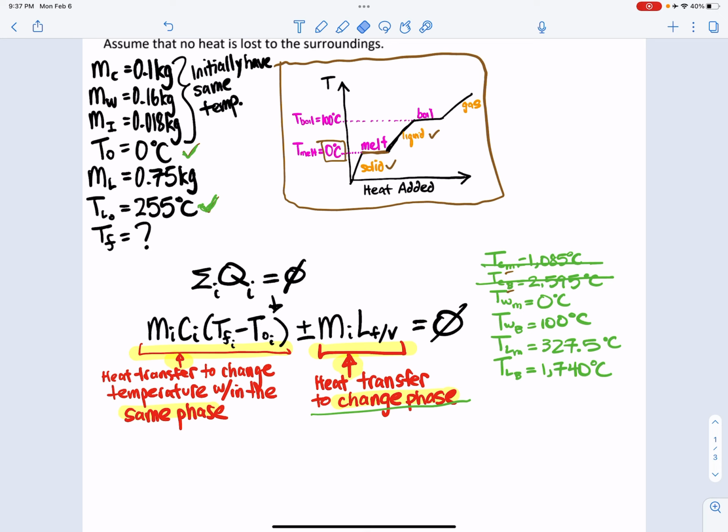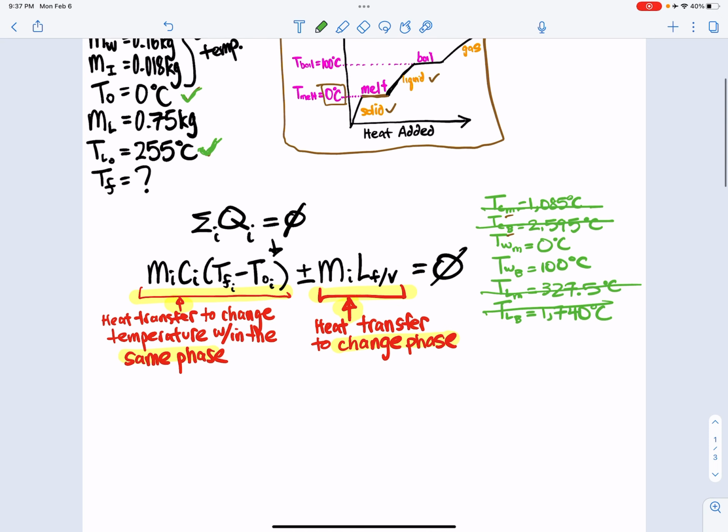And for lead, the melting point is 327.5 degrees Celsius and boiling point is 1,740 degrees Celsius, above our initial temperature and the initial temperature of lead that was added to the system. So I know lead will not have a phase change.